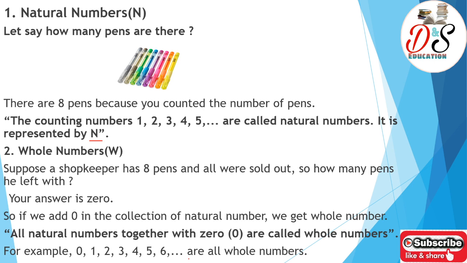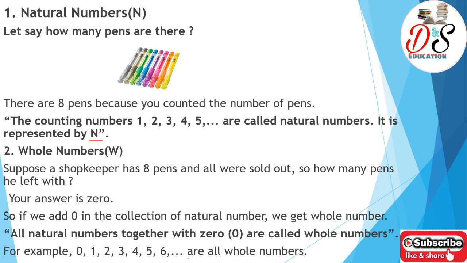Now, if we talk about the greatest natural number, we cannot define it because numbers go to infinity. So we can say infinity is the greatest natural number. And in the case of whole numbers, we say the same thing.